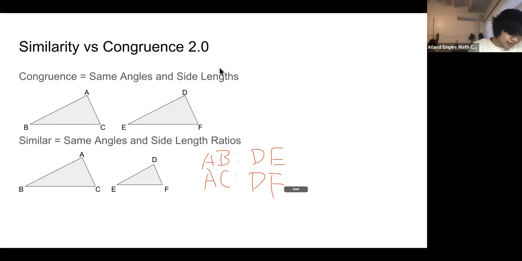So for instance, if AB is 2 and DE is 1 and AC is 1, then AB to DE is going to be 2 to 1, which will equal the ratio between AC and DF, which is going to be 1 to X, say X.